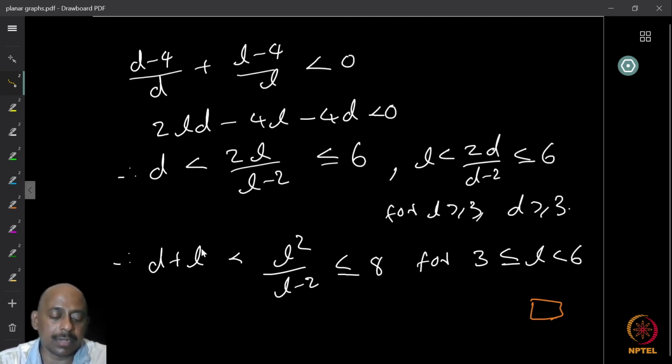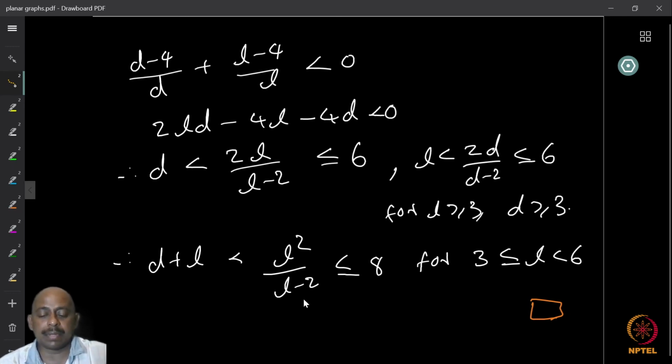Now let us just add L to the first inequality, so D plus L is less than 2L by (L minus 2) plus L, which is L square by (L minus 2), because 2L minus 2L cancels out.